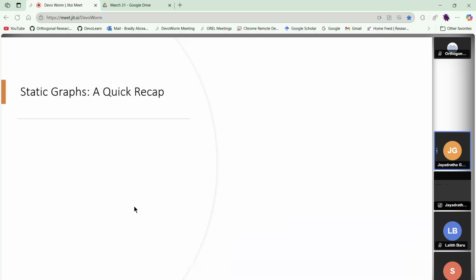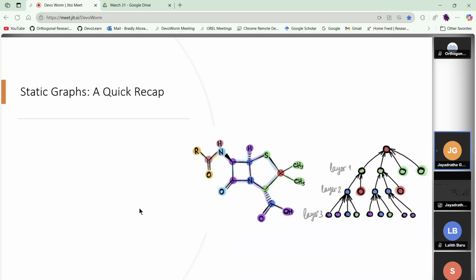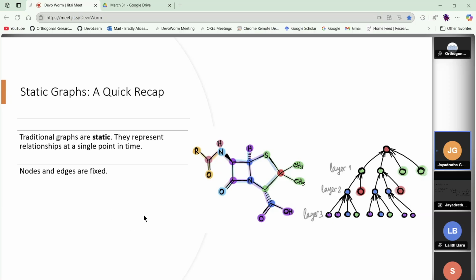At first I'll talk about the simplest of all, that is the static graph, and how we use a graph neural network to work on those static structures. Let's take a molecule here. Suppose we are taking nitrogen.